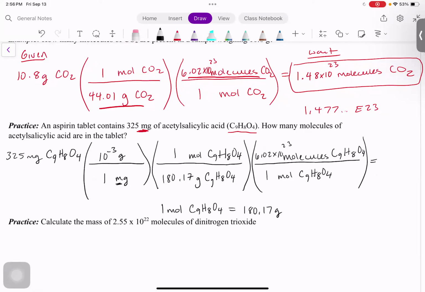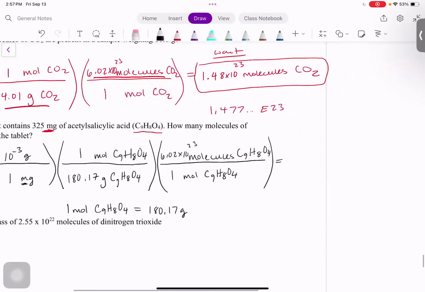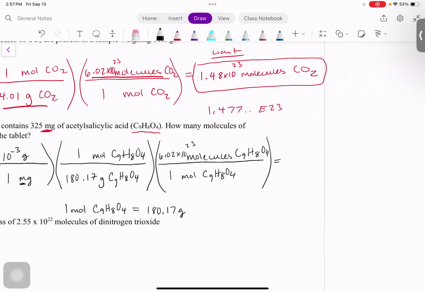So 325 times 10 to the negative third divided by 180.17 times 6.02 times 10 to the 23rd to get our answer. And I get 1.0859, bunch of other stuff, E21.